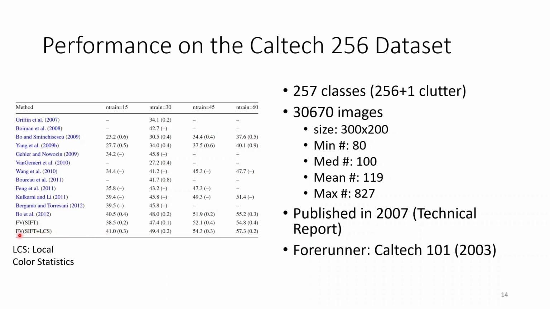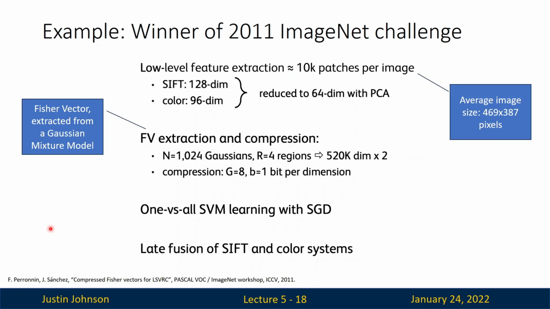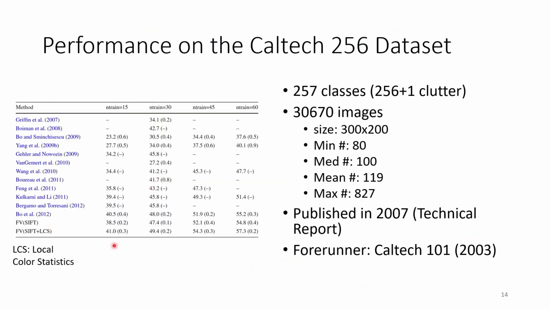So the SIFT plus local color statistics is the method described on this slide. And there are some existing methods, which you can see were published from 2007 to 2012. Comparing their performance, the Fisher vector using SIFT and color features achieves the best performance.